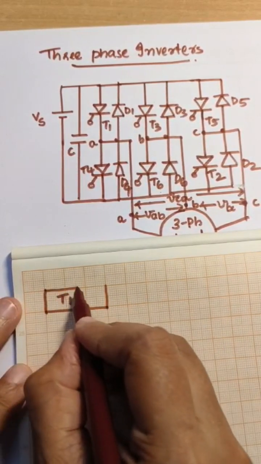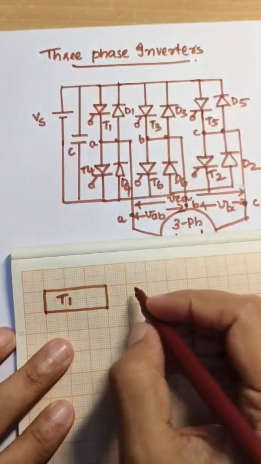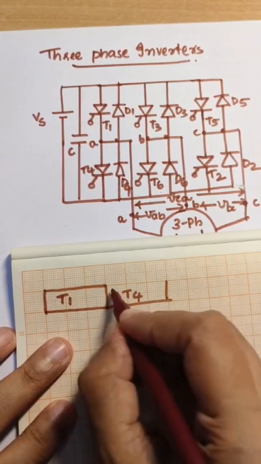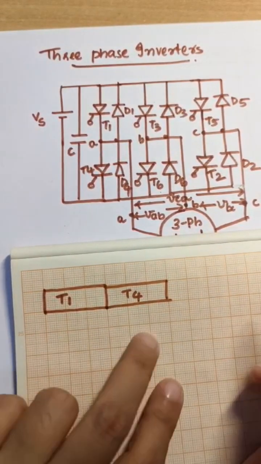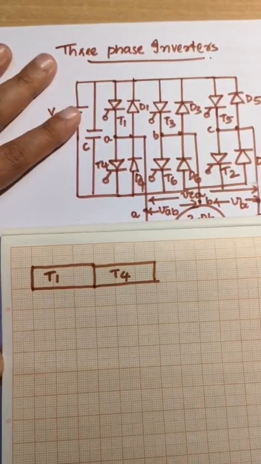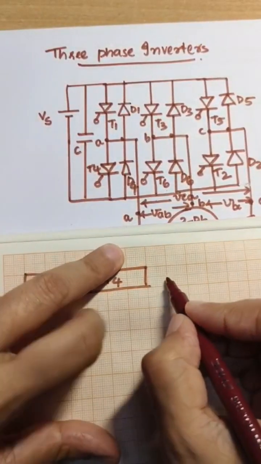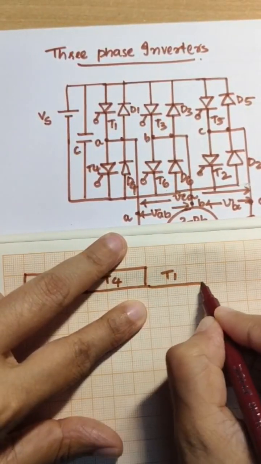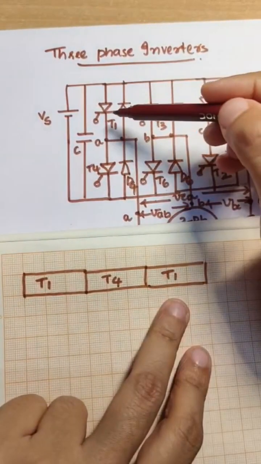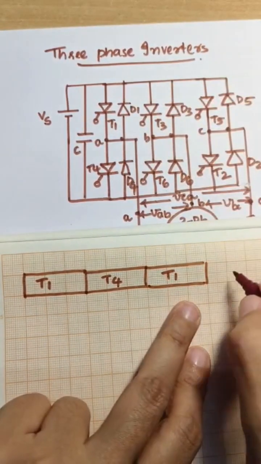After T1, T4 will be switched on, and T4 operates for a 180 degree duration. Next again T1. In the first row, we are indicating the switching pattern of the first leg, that is T1 and T4.